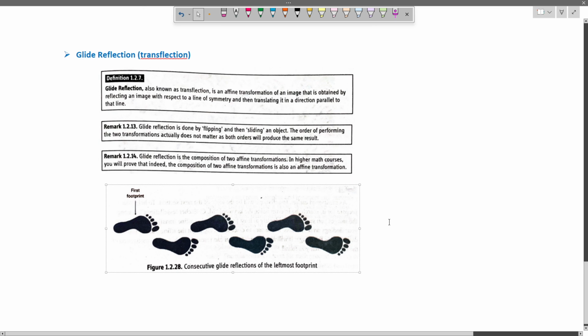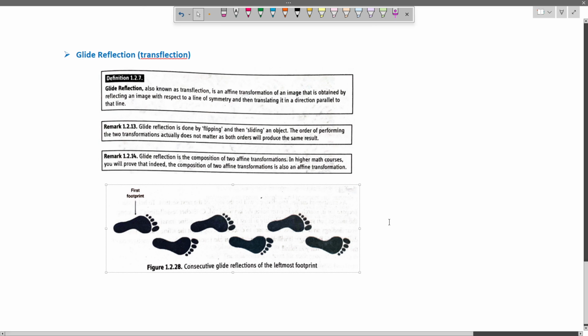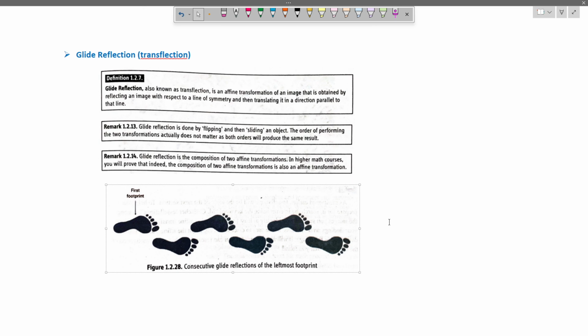It is a composition of two affine transformations. In higher math courses, you will prove that indeed the composition of two affine transformations is also an affine transformation. Just a reminder, the discussion we are having on linear and affine transformations is very foundational, so we only have two components here.